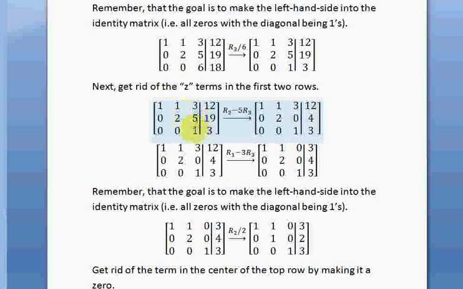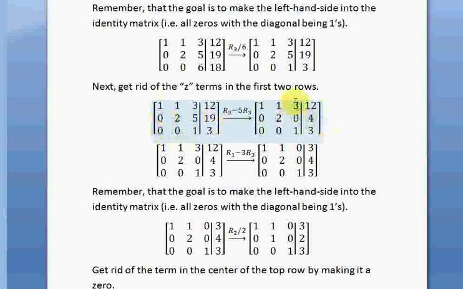So 5 minus 5 times 1 is 0. And 19 minus 5 times 3, which is 15, is 4. So notice I didn't worry about these top two spots here because I had zeros underneath. So row 2 minus 5 times 0 is still whatever the original part of row 2 was. Now I have a 0 here in the z placeholder of row 2.